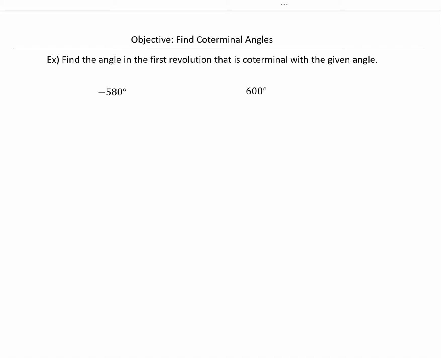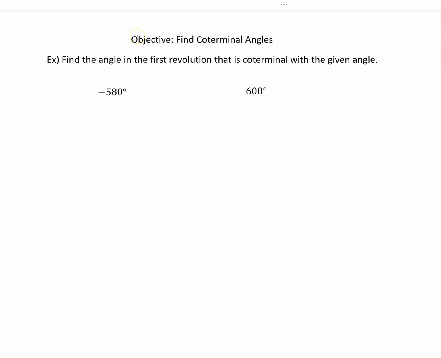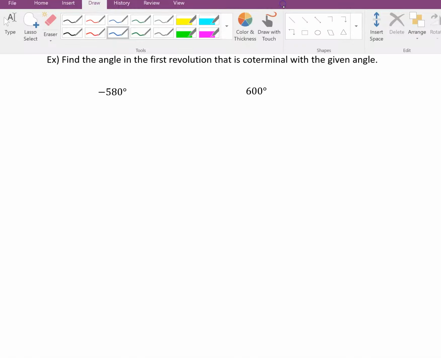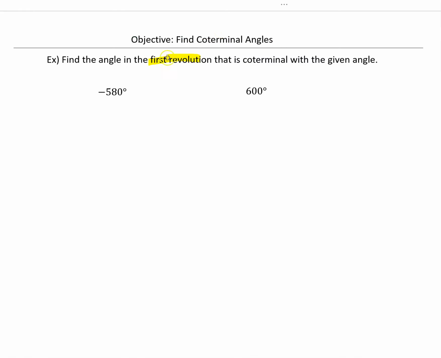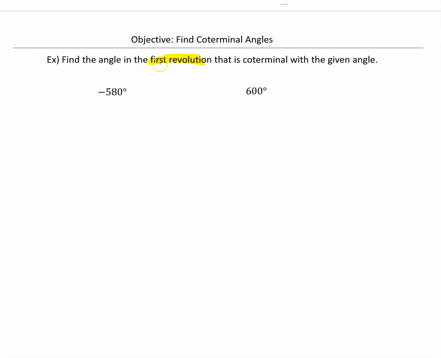So for our negative 580 degrees, we would need to realize that our first revolution for degrees would be from 0 degrees to 360 degrees. And again, 0 degrees and 360 degrees are coterminal with each other, so the 0 degrees becomes our default angle for angles coterminal with these.